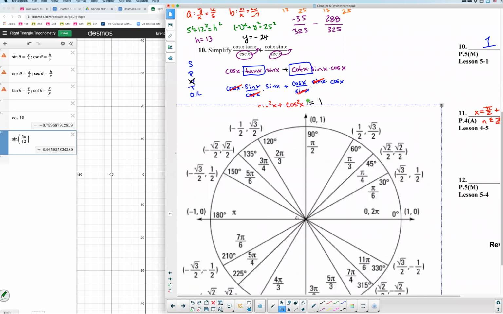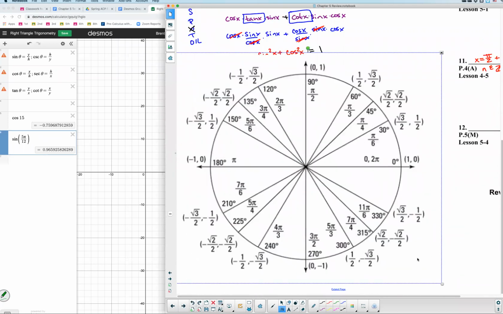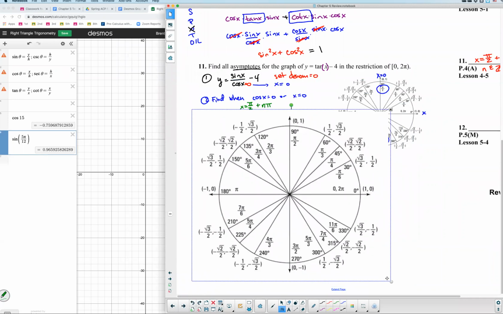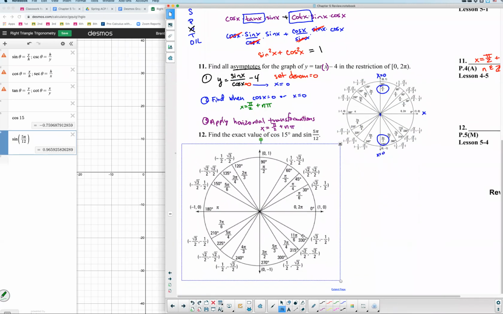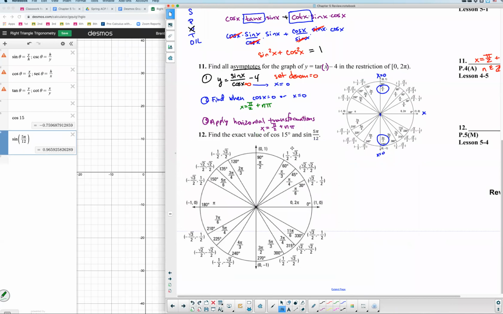Well, we usually use the unit circle for this type of thing. It's a great little cheat for us. I say cheat, it's a resource, it's not actually cheating. And so I would be looking on the unit circle, and we notice right off the bat that 15 degrees is not listed. That would be 15 degrees. The cosine would mean the x value. So we're trying to see how long this x is right there.